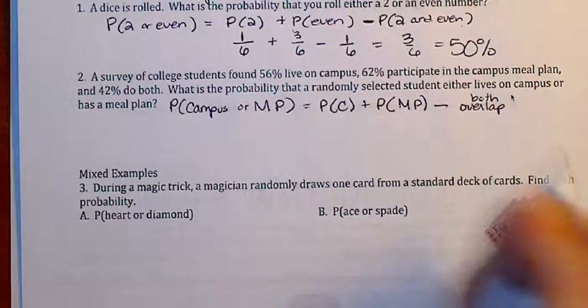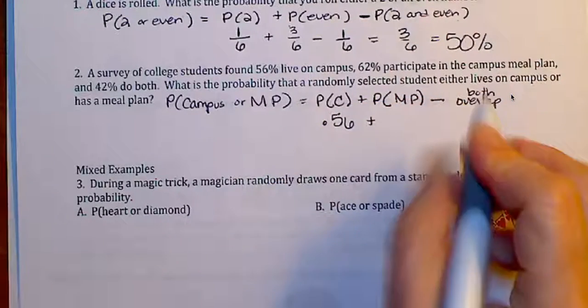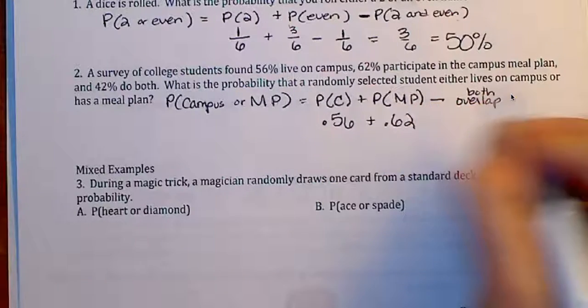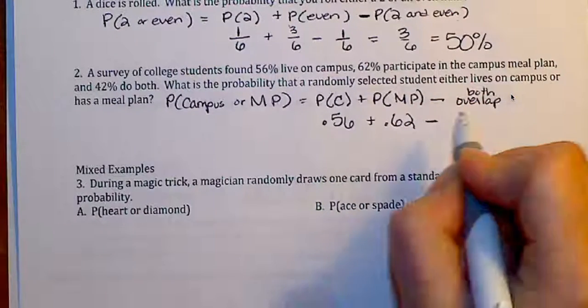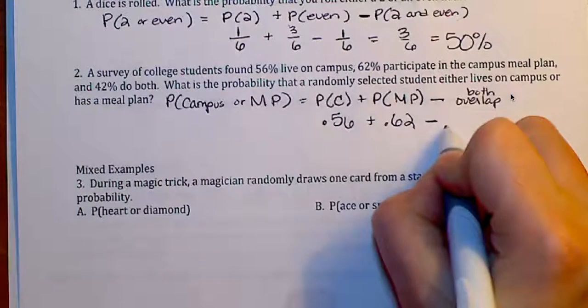So the probability of living on campus is 56%. The probability of having a meal plan is 62%. And we have to subtract the overlap because 42% of them do both.